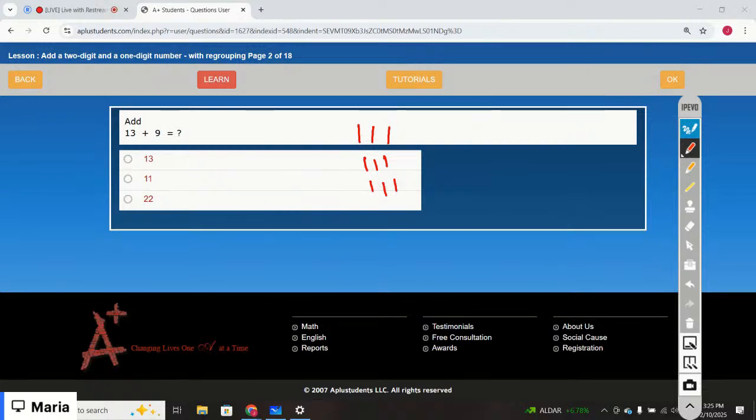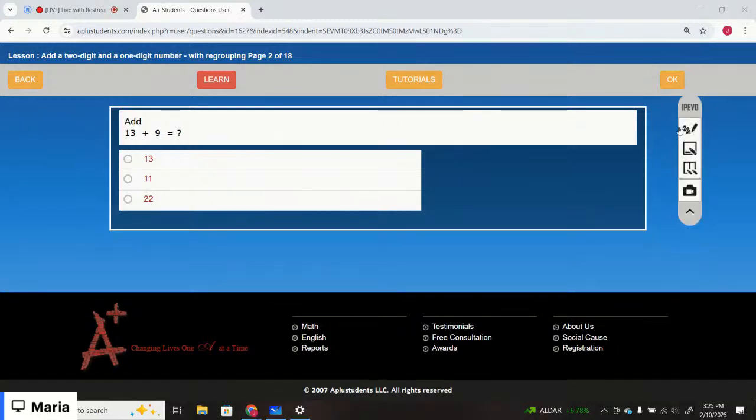So the correct option is 22. Option number 3 is the correct option.